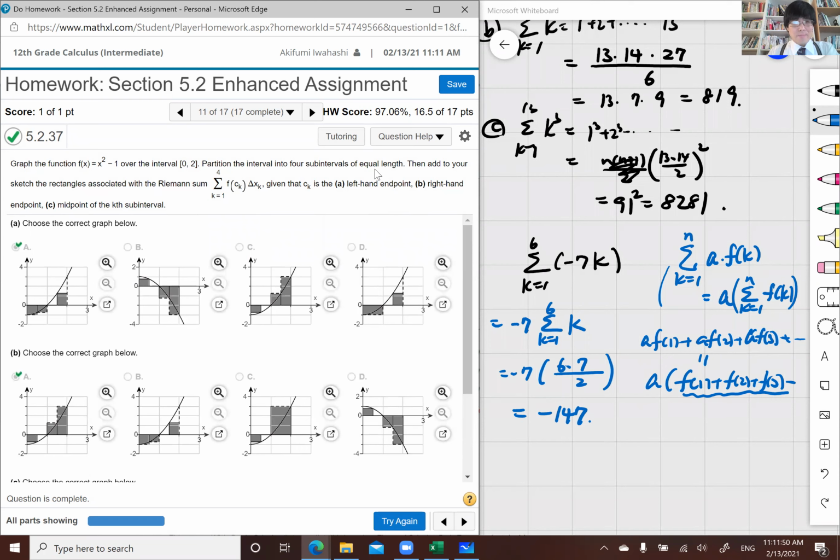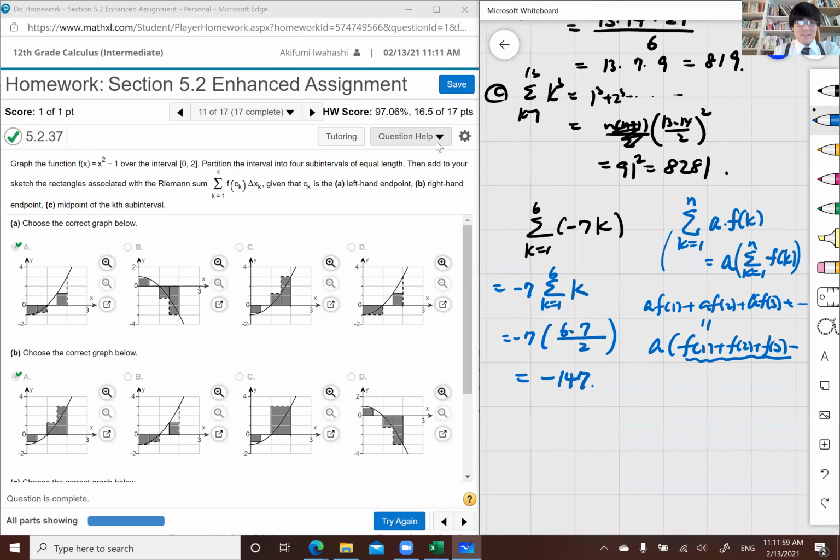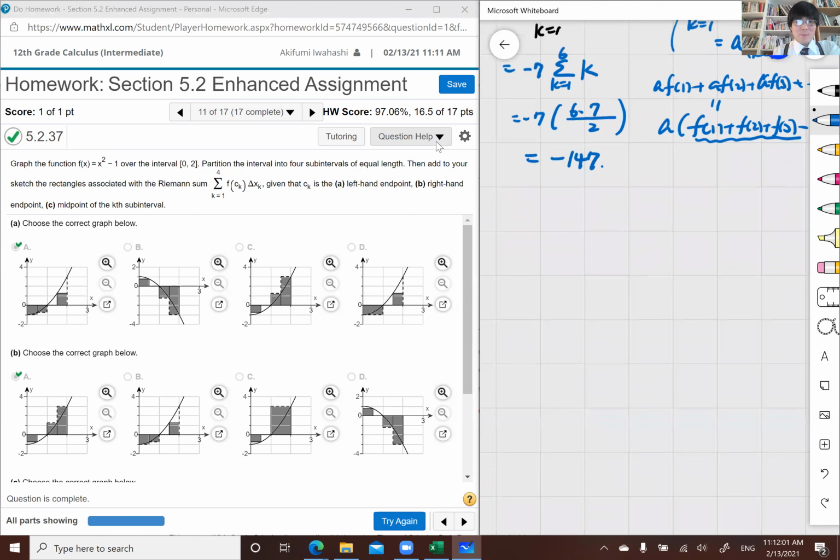Now we are going to apply the sigma notation to the integration area problems. Graph the function f(x) equal to x squared minus 1 over the interval 0 through 2.